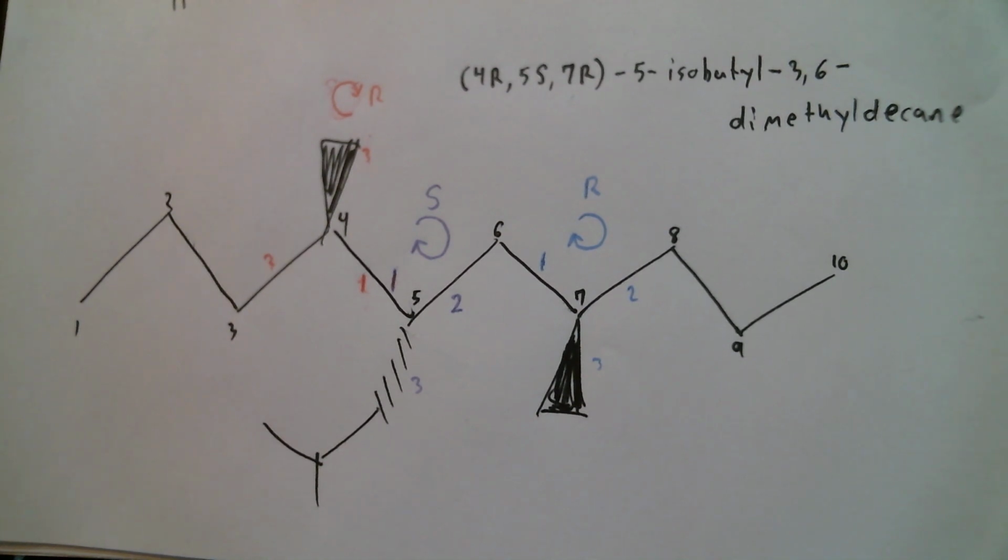So the number 1 priority would be going to carbon number 6. Going to carbon number 8 would be the 2nd priority, and the substituent group at carbon number 7 would be the 3rd priority. And that is a clockwise rotation, and so that's an R configuration. This molecule's name is 4R, 5S, 7R, 5-isobutyl-3,6-dimethyl decane.